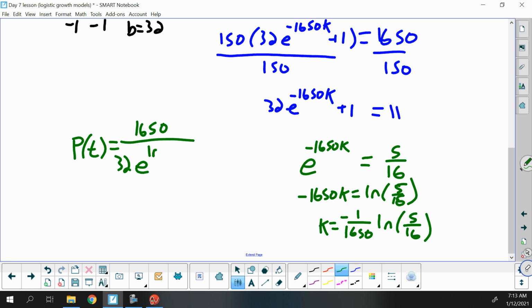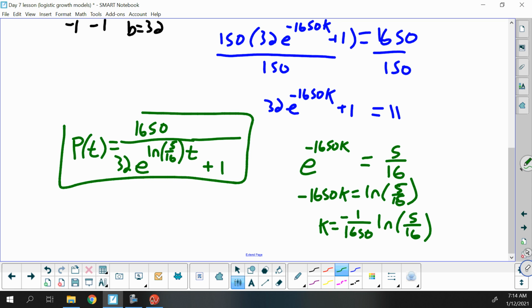So we're just going to have natural log of 5/16 t. And then we got the plus 1 on the end also. k rarely works out pretty. It's going to be something messy in most cases. So that's our solution to that differential equation given the 2 points.